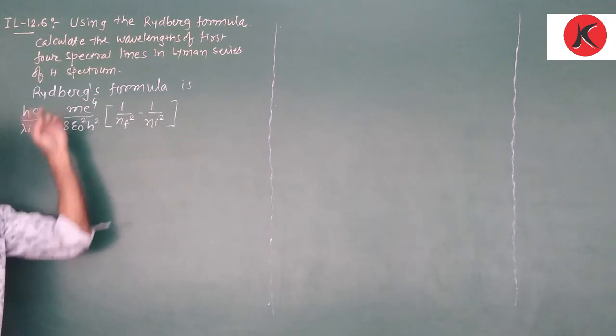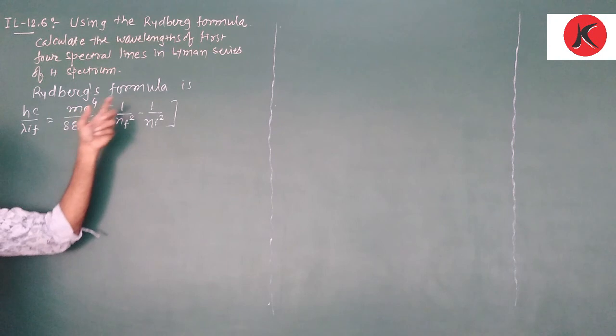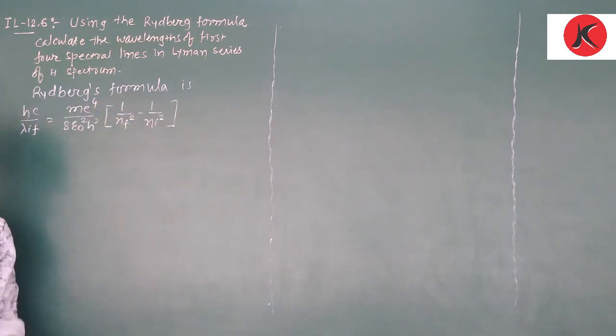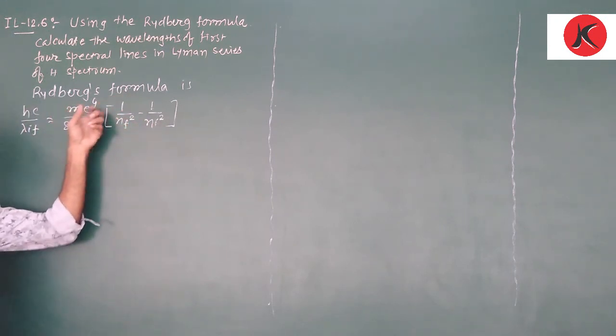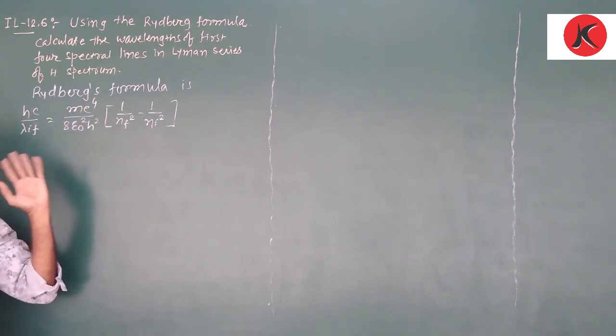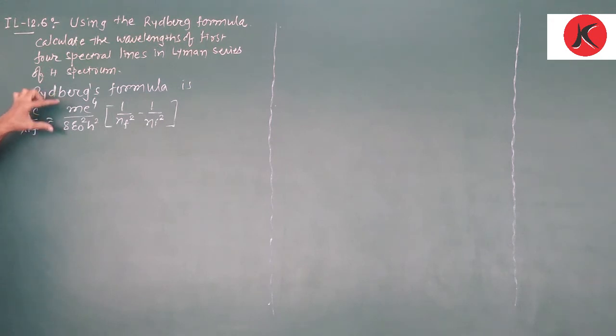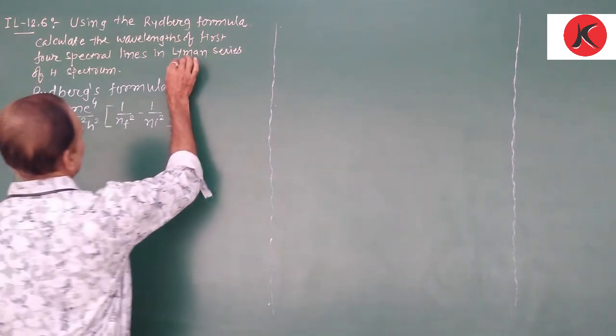Actually, our general equation is 1 upon lambda if is equal to R into 1 upon nf square minus 1 upon ni square, where R is equal to m e to the 4 upon 8 epsilon 0 square c h cube. Here h and c are taken. Therefore, hc upon lambda if is equal to m e to the 4 upon 8 epsilon 0 square h square into bracket 1 upon nf square minus 1 upon ni square. We require the wavelength of the first 4 lines.